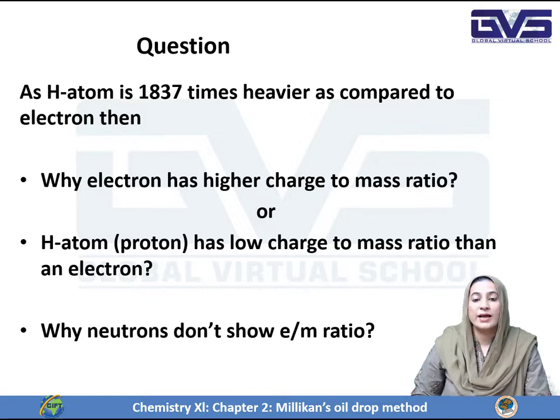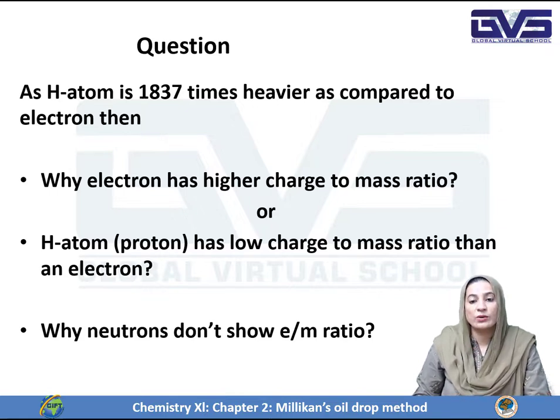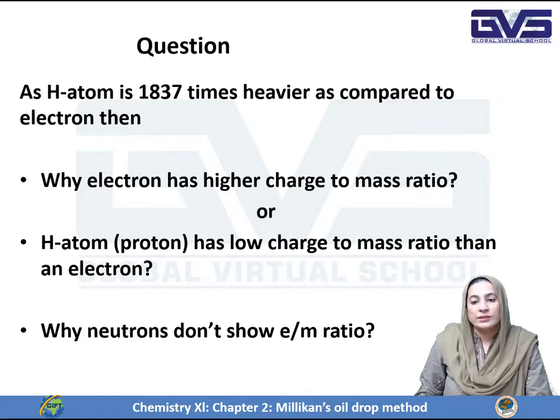Why does the electron have a higher charge to mass ratio? The mass of the electron is lower, the mass of the proton is higher, but the charge to mass ratio of the electron is higher. Just understand. Consider this is the electron and this is the proton, the electron with negative charge and the proton with positive charge.